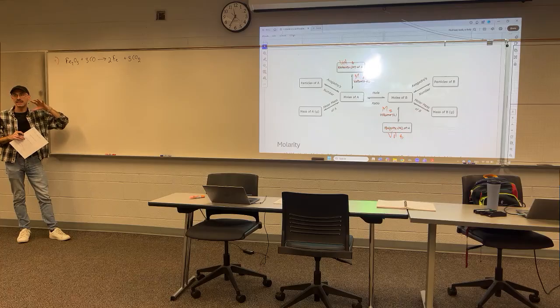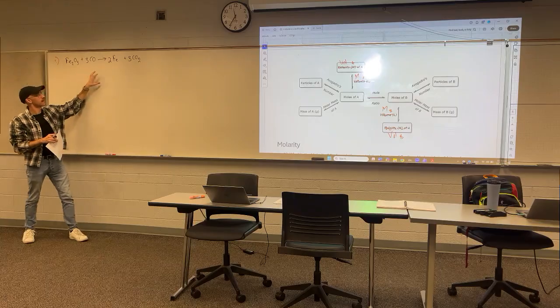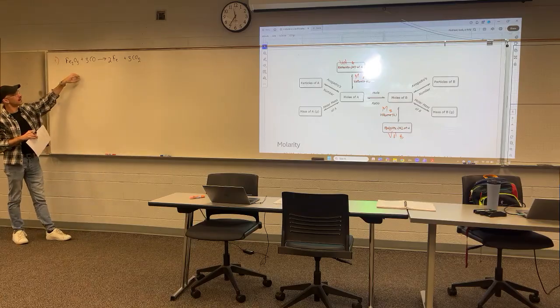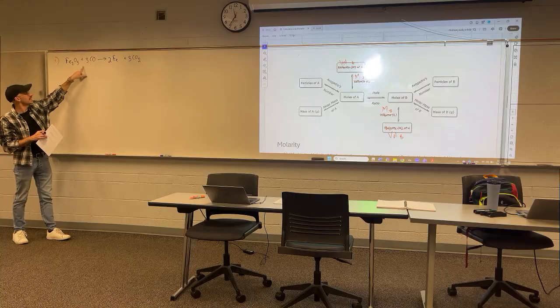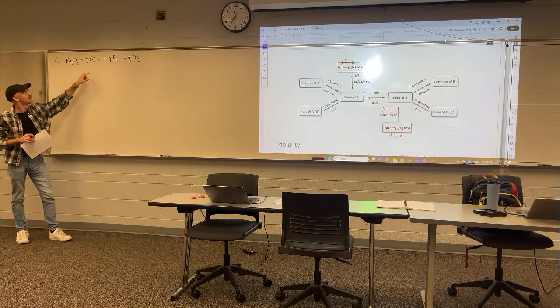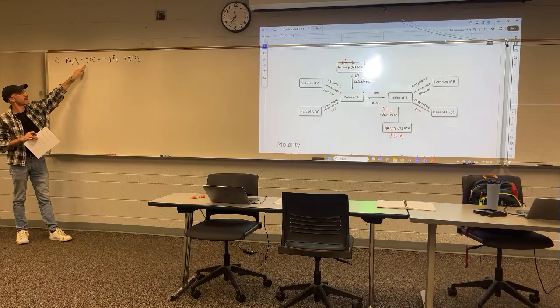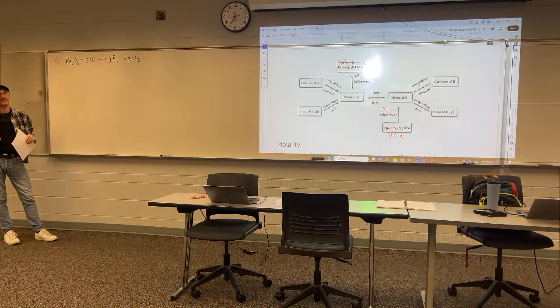This is a bit of a guess and check situation where you keep trying to get to a closer combination, and then you ultimately come down to the fact that this can give you even and odd numbers of oxygens, where this will only give you even. So you can manipulate this side a little bit better to make it match with an even number on the right. All right, there's our chemical equation.